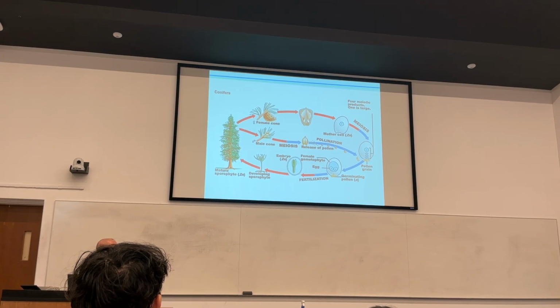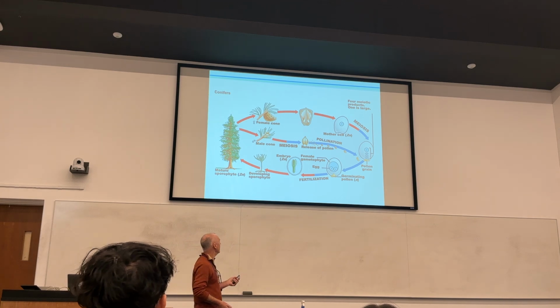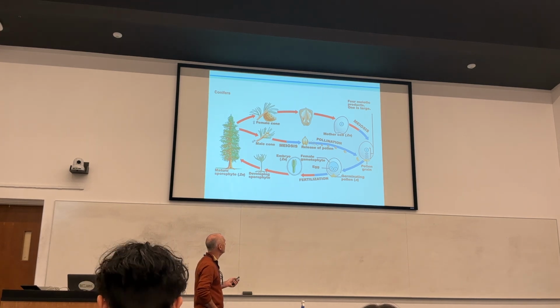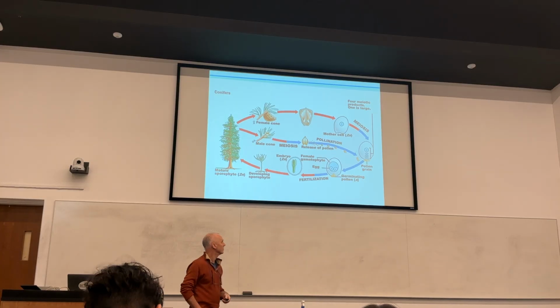And then you get pollen attaching to that structure, sending in the pollen tube, sending in the one sperm cell that fertilizes the egg cell, and the other sperm cell that merges with the internal cell.